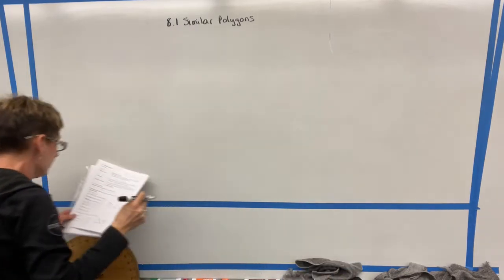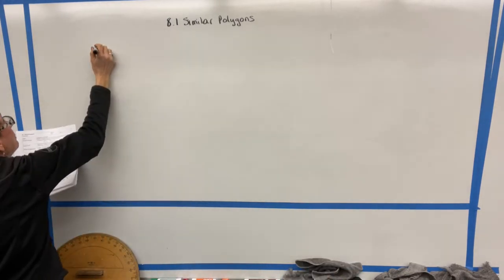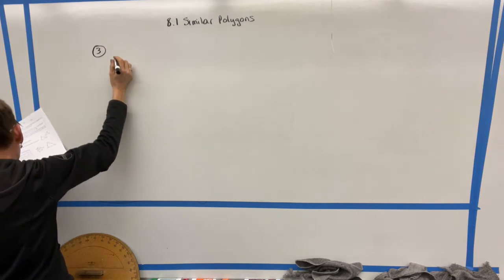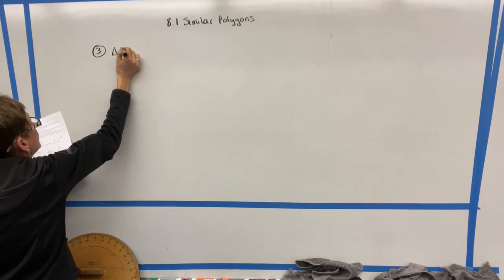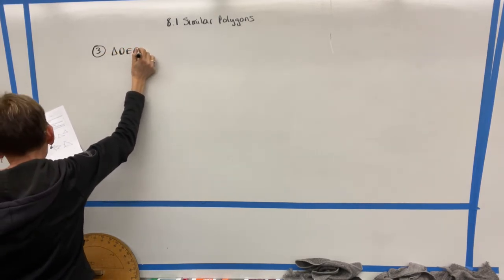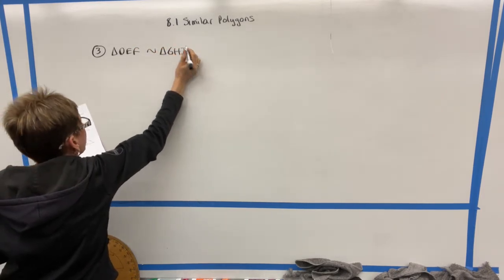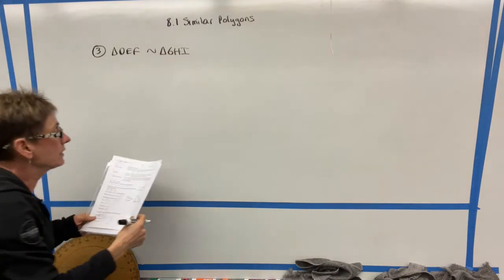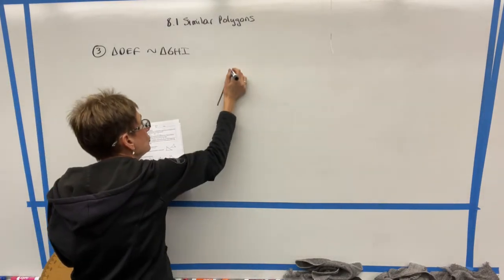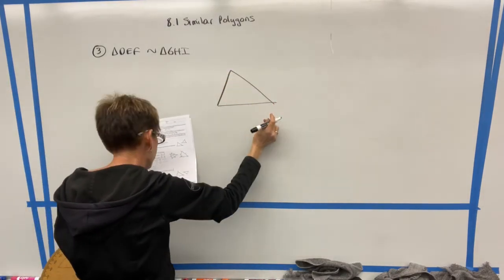So, for the third example, we are given that triangle DEF is similar to triangle GHI. Let's go ahead and draw 2 triangles on the right to model that.